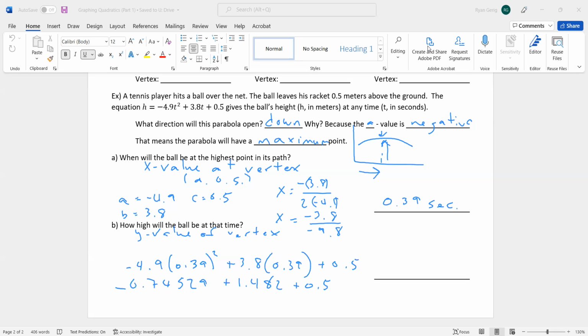So I'm just going to go ahead and do that in the calculator again. And I get 1.236, so about 1.24 meters. So it's about 1.24 meters above the ground.